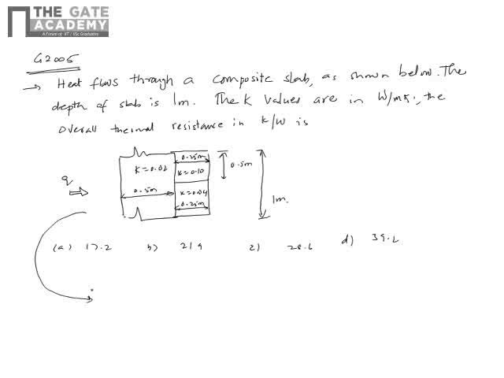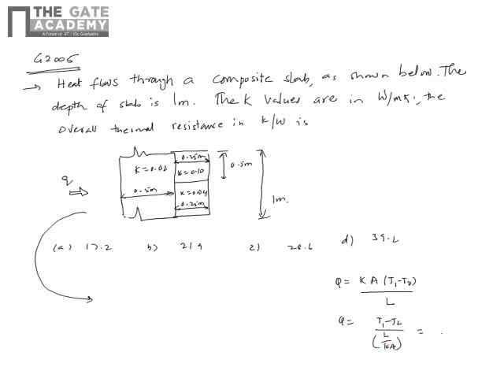As I already told you, in conduction, the steady state heat flow through a slab is KA (T1 minus T2) by thickness, which I am denoting by L. This can be written as (T1 minus T2) by L by KA.